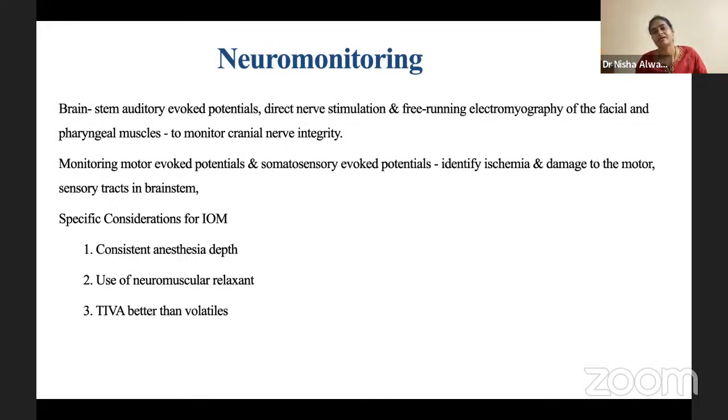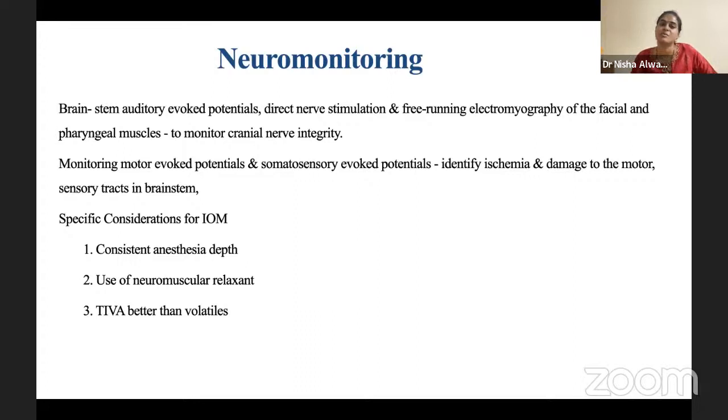But in anesthesia, these are the most important considerations for IOM. We have to maintain a consistent anesthesia depth, without ups and downs. So constant depth is important, and we prefer TIVA here. If at all volatiles are being given, if it's sevoflurane, the max should be less than 0.5.